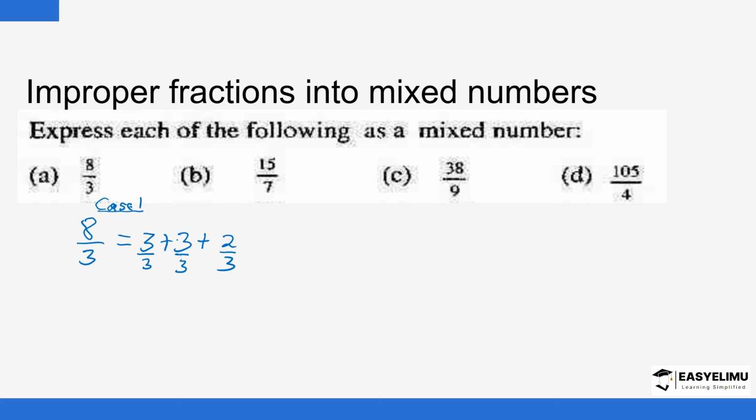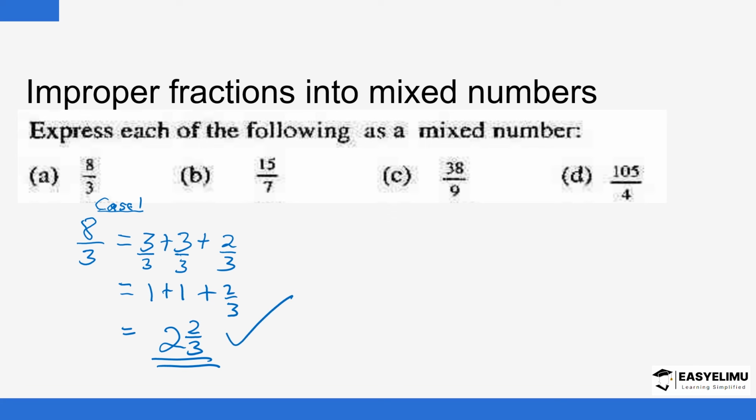So 3 plus 3 plus 2 gives us 8. So the first one will be 1, the second one is 1, but the last one will be 2/3. So here we have 1 plus 1 is 2. So 2 and 2 over 3 is the correct answer.